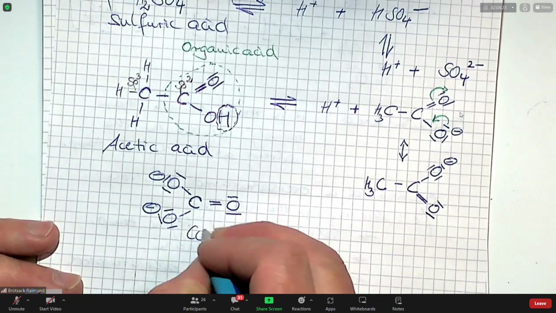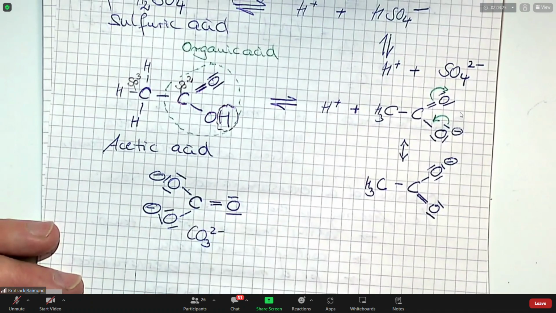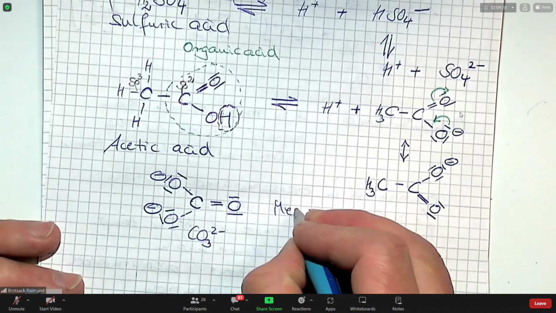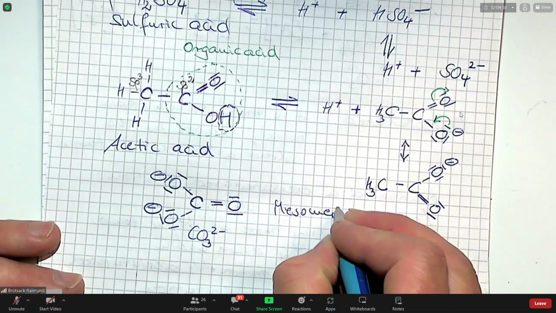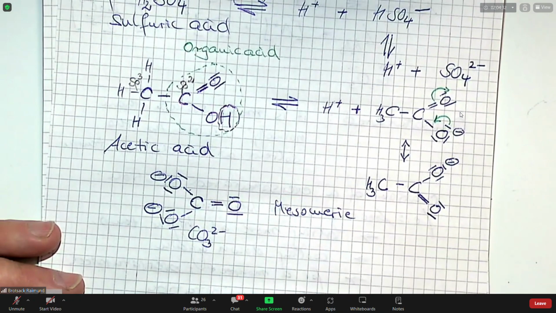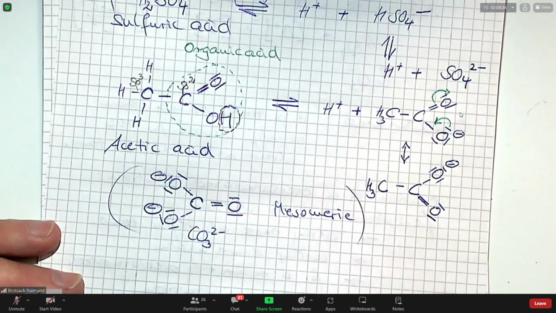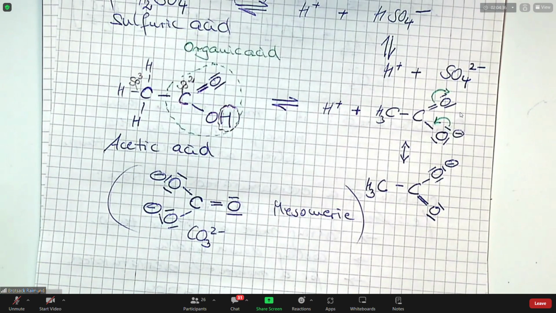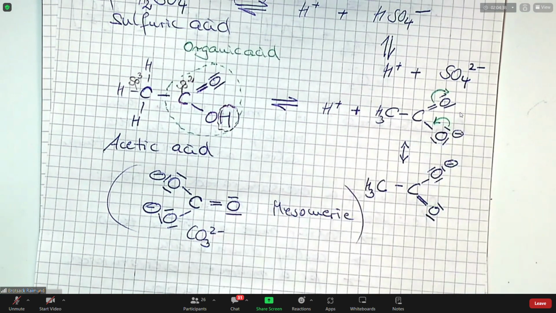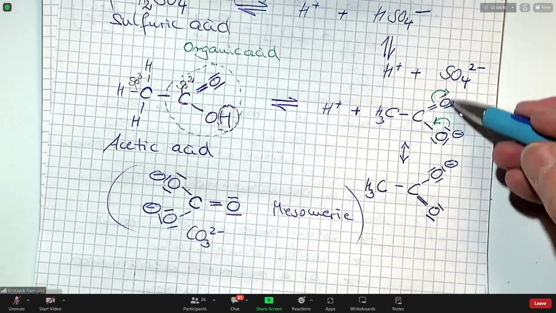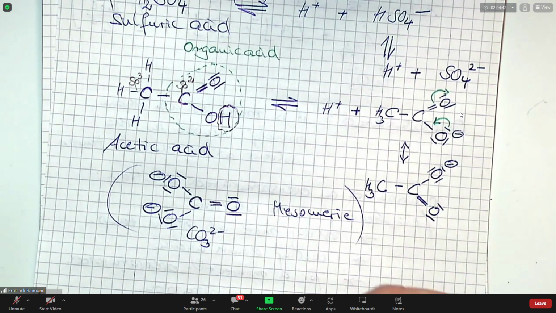The CO3 2 minus. Mesomery. Please check that once more in your notes. And here, for the organic acid, we just have 2 options, but it helps to stabilize these anions.